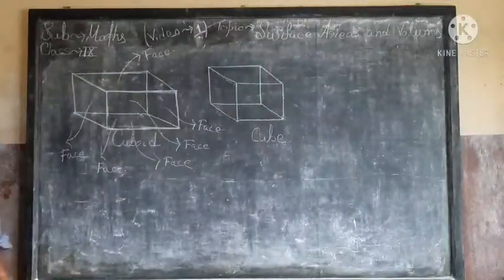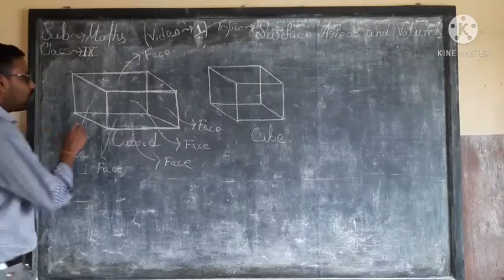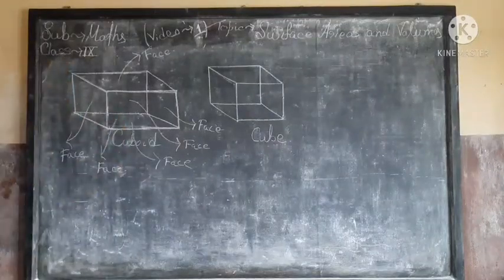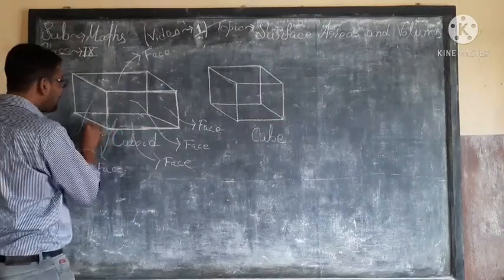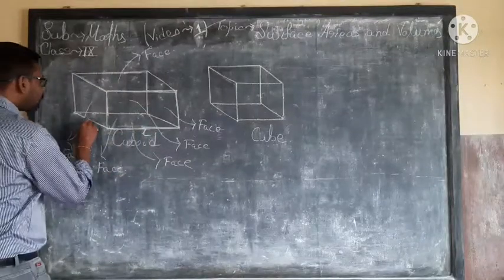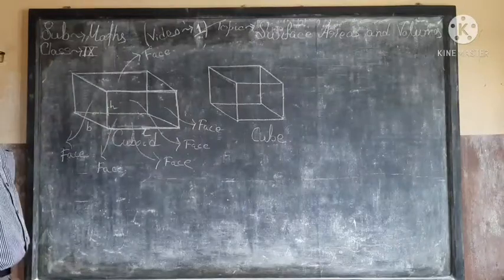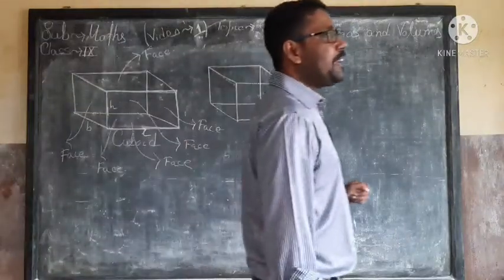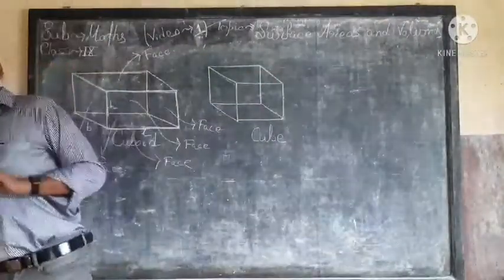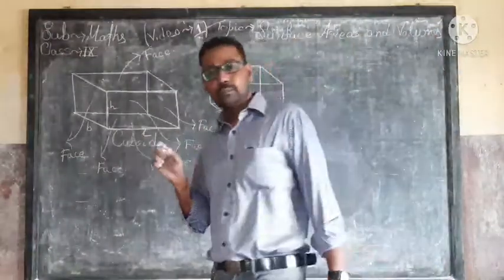At first consider the cuboid. The cuboid has 3 values: this one is length, this one is breadth, and this one is height. And for the cube, each and every face is in the form of a square, that means each and every side is equal.